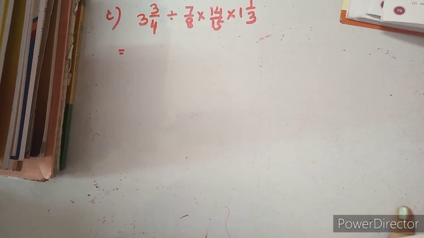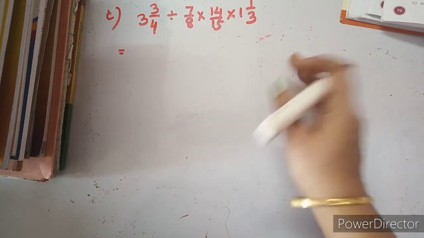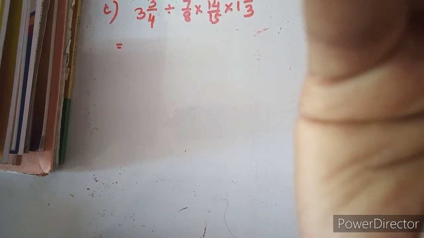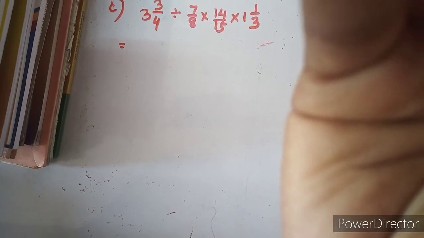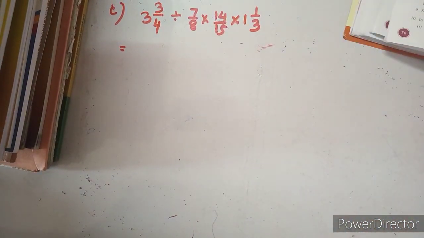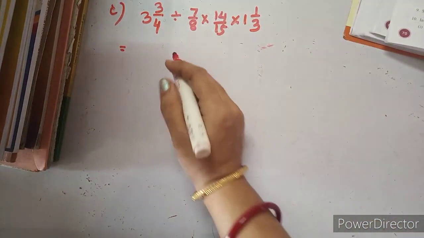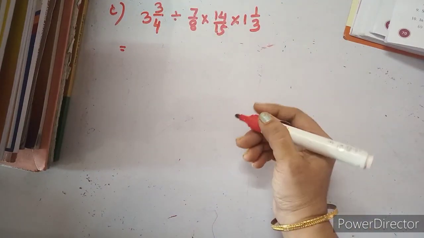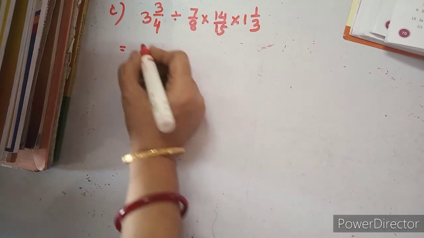Now you can see the third question. Here you need to first convert the mixed fraction into your improper fraction, then we will solve the problem. So you have here one mixed fraction and here one mixed fraction. So we will convert these two fractions.